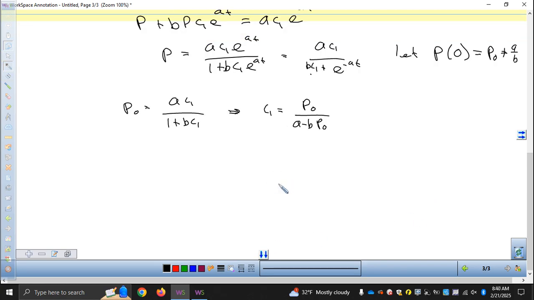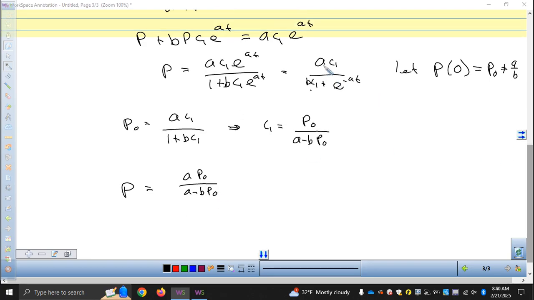Now we're going to substitute. So our population is A P0 over (A minus B P0), over B A P0 over (A minus B P0) plus e to the minus AT. And these (A minus B P0)s cancel.